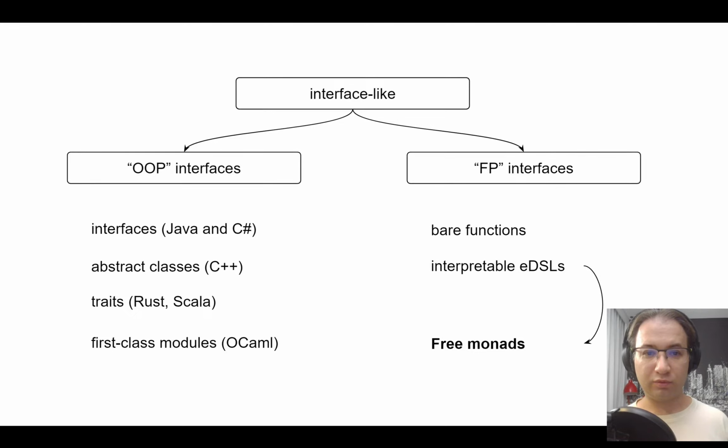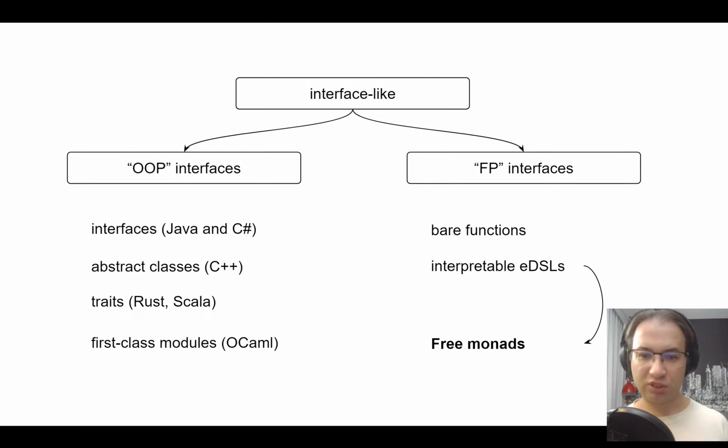So, going closer to free monads: free monads are interface-like abstractions, and they are very functional, because we have OOP-ish abstractions such as interfaces from Java and C#, abstract classes from C++, traits, and maybe a little bit of type classes too. First-class modules in OCaml, but functional programming also has interface-like abstractions, although they are not often seen like this.